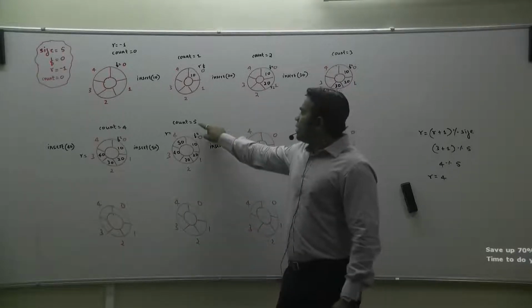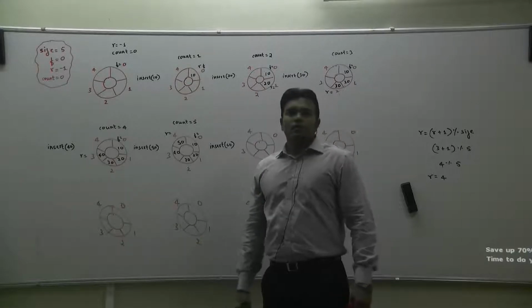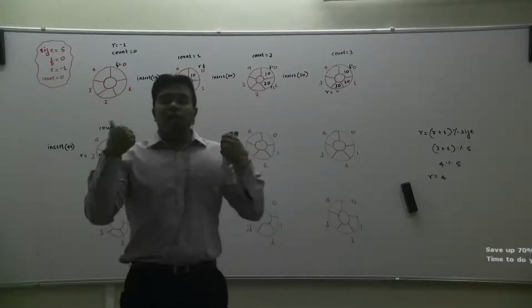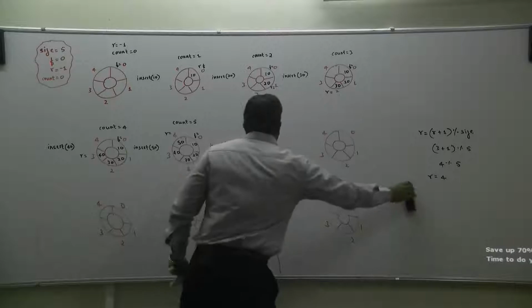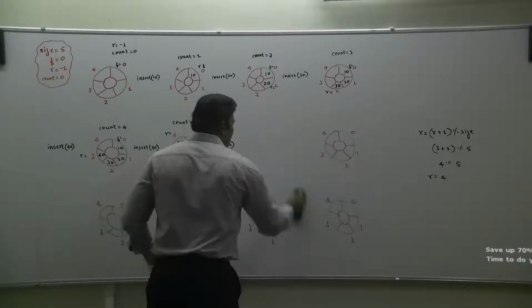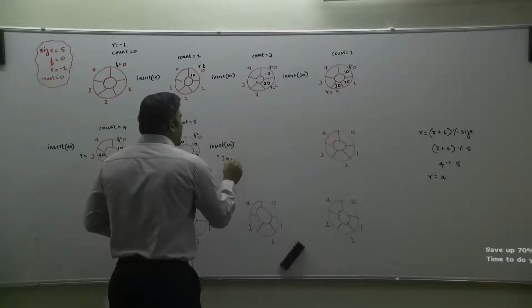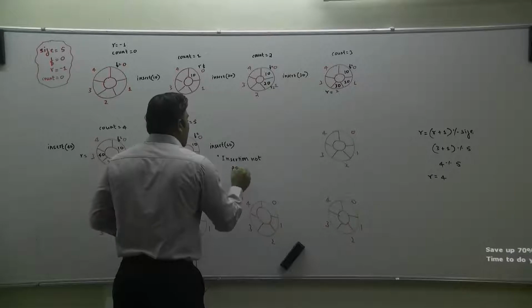If the count value becomes equal to the size value, count is 5, size is 5. Whenever count becomes equal to size, I will tell insertion not possible. That is the message that I would get, that insertion not possible.